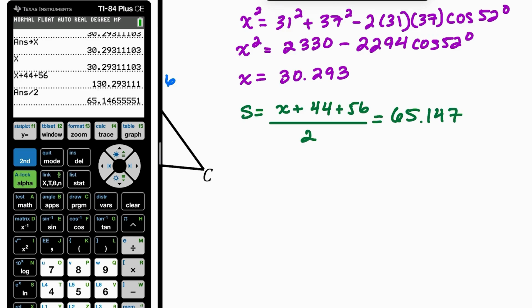Do you think this number is going to be important? Yeah, we're going to use this to put it into Heron. So I'm going to store this as the letter S. So now anytime the calculator sees the letter S, it puts that.